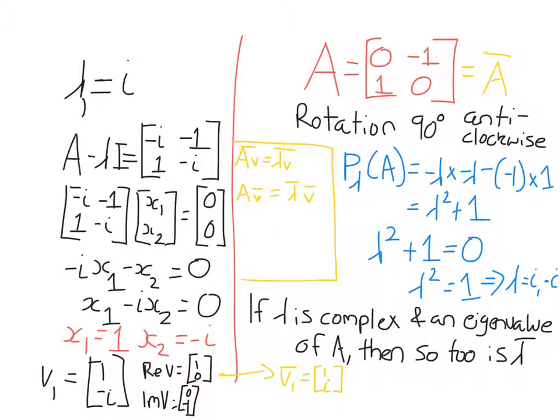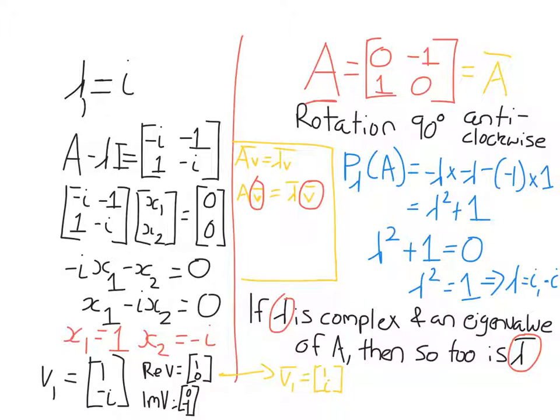So what this shows is that if v is a complex eigenvector of a real matrix A, so too is the complex conjugate of v, and its eigenvalue is the complex conjugate of lambda. So, if v is a complex eigenvector of a real matrix A corresponding to lambda, then the complex conjugate of v is an eigenvector corresponding to the complex conjugate of lambda.